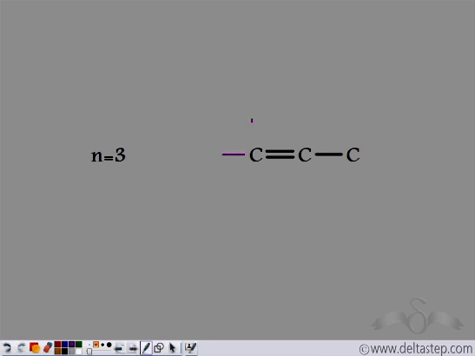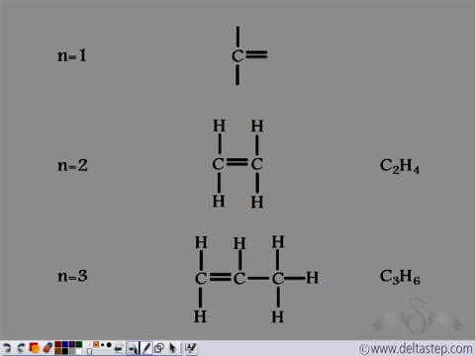This carbon atom is already forming 3 covalent bonds, so only 1 more covalent bond can be formed, and this one can form 3 more covalent bonds. And these positions are taken up by hydrogen atoms.